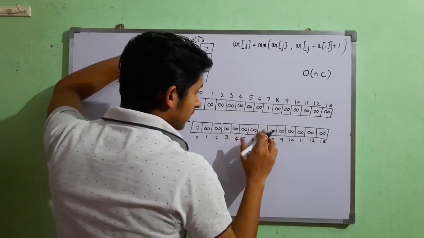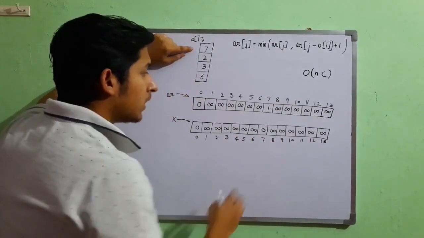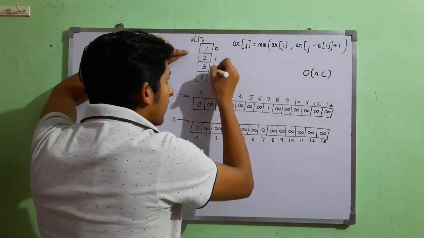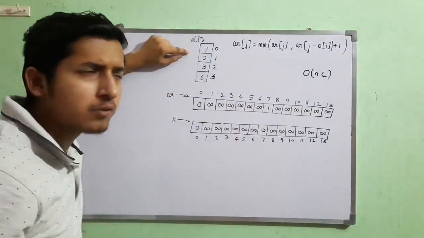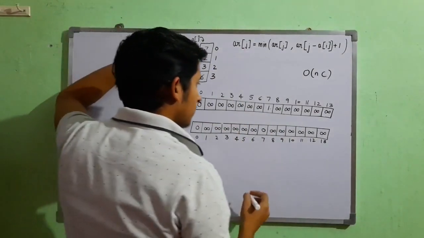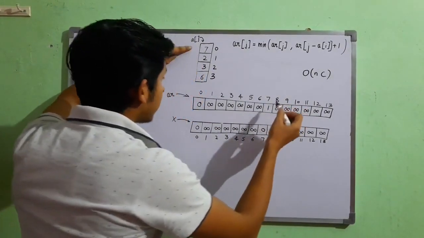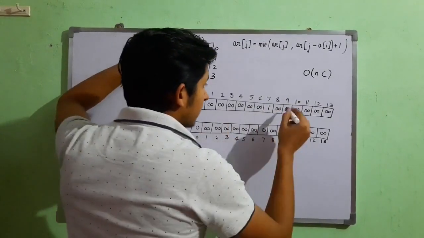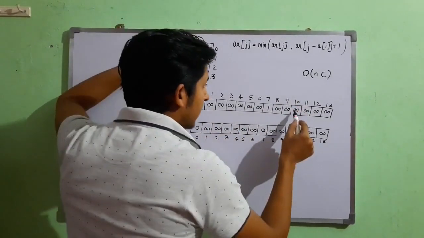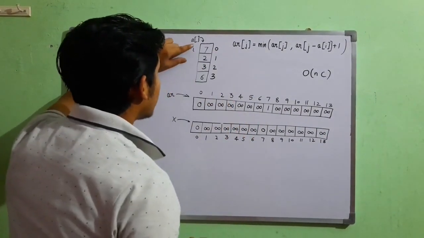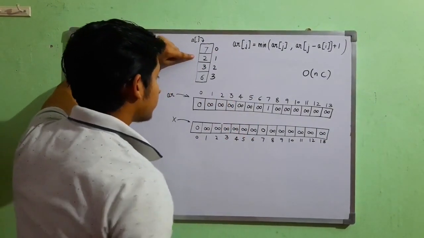Here. Now I'm storing 0 as I am starting my index from 0. That's not an issue, we'll solve that while writing the function. Now 8, infinite or 8 minus 7, this plus 1, infinite. Now I move to this.